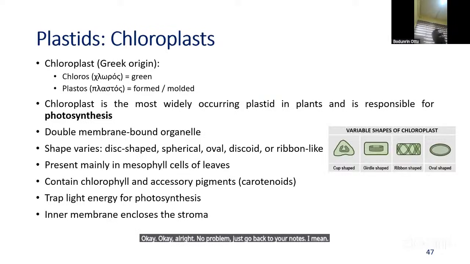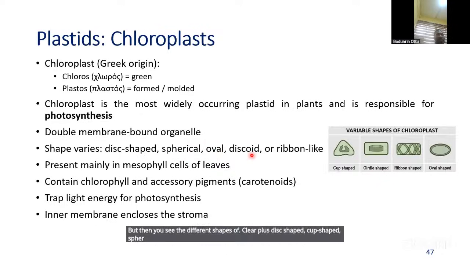All of you have mentioned a few, but then you see the different shapes of chloroplast: disc-shaped, cup-shaped, spherical, oval, discoid, ribbon-like.